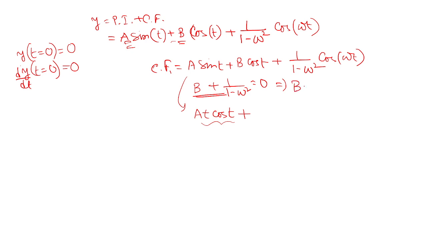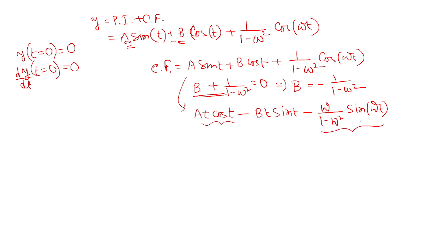So b should be equal to minus 1 by omega square, and if we solve this, then we will get here minus bt sine t minus omega by 1 minus omega square sine omega t. So if we put t equal to 0 here, we are left with this.